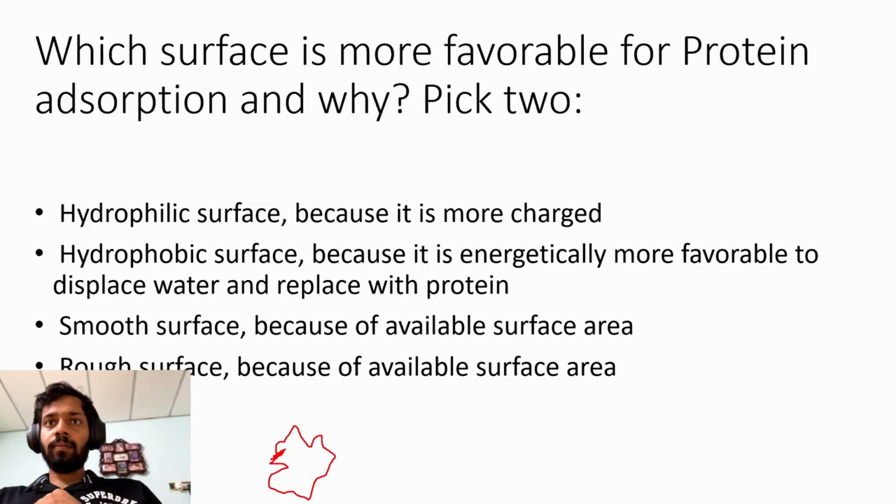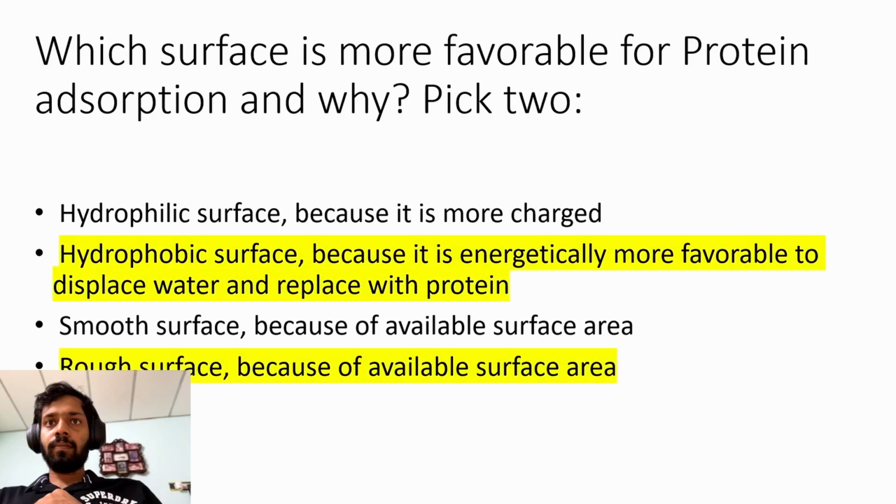If you're putting in a very rough surface, you're giving the body a lot of hydrophobic region with so much surface area, so a lot of protein would get adsorbed. So the two correct options are hydrophobic surface, because it's energetically more favorable to displace water, and rough surface, because it has a large surface area.